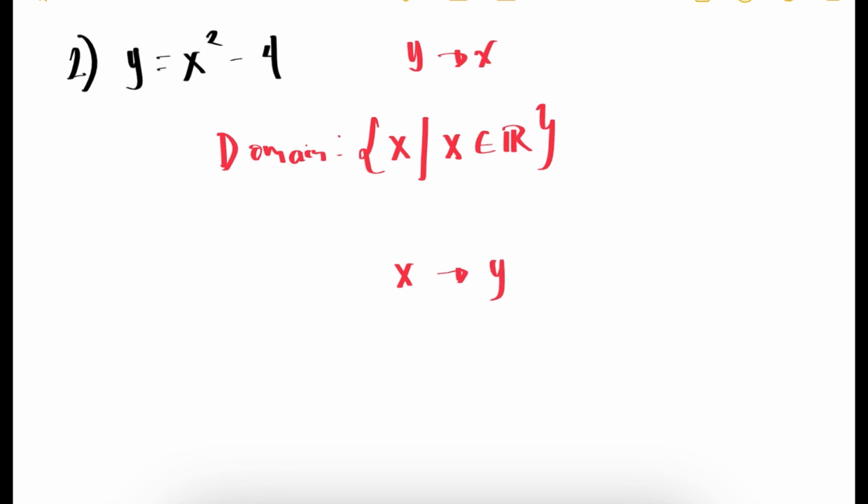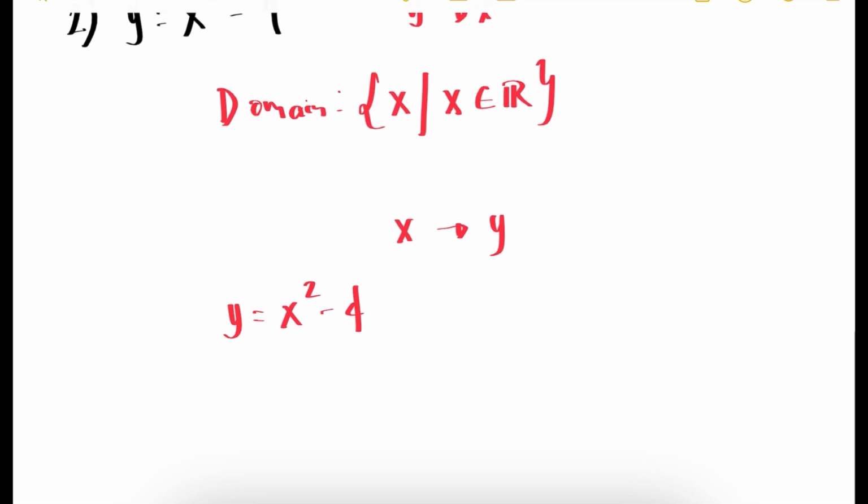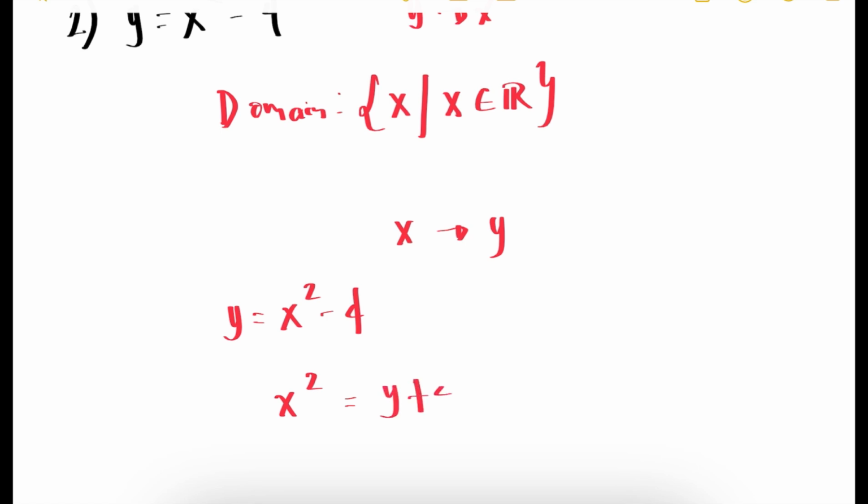So the equation is y is equal to x squared minus 4. Solving for x in terms of y, we have x squared is equal now to y plus 4.